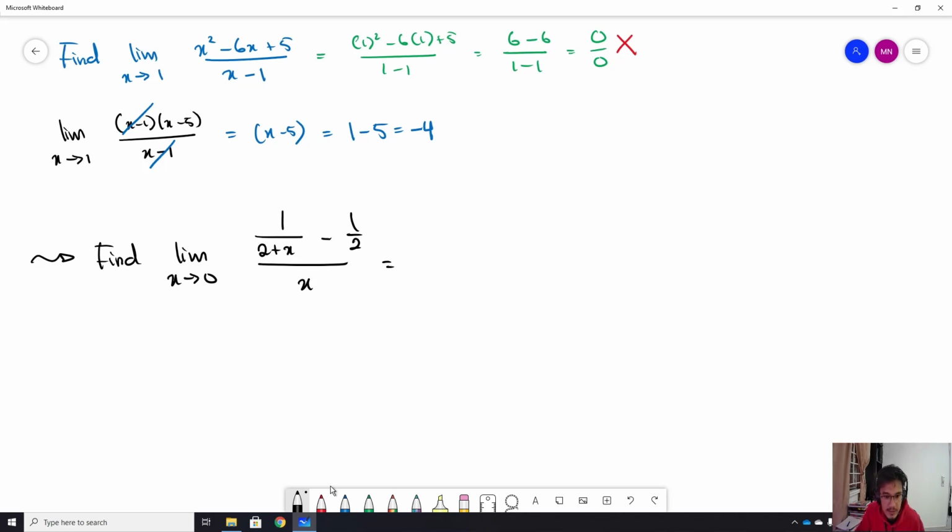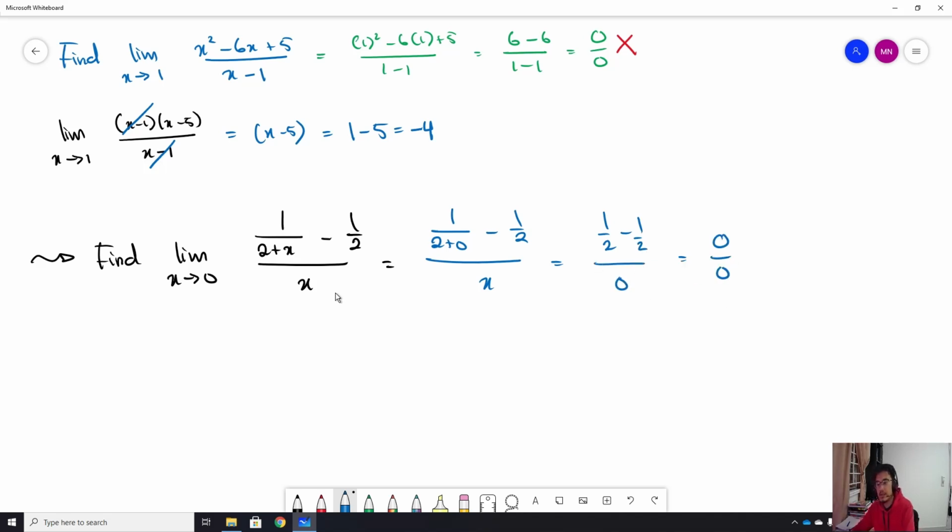So if we substitute the value of x directly into the function, we will get 1 over 2 plus 0 minus 1 over 2, over 0. So we have 1 over 2 minus 1 over 2 over 0, and finally we get 0 over 0.